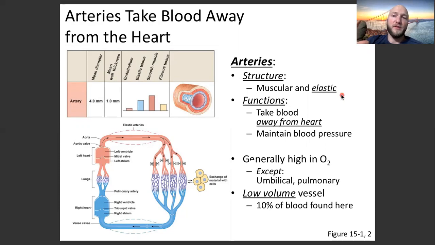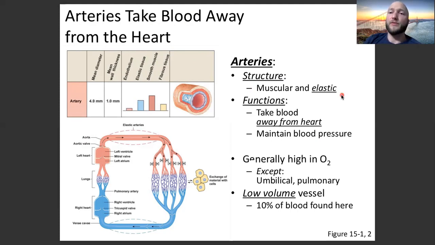When the heart starts to relax, the semilunar valve is going to close, preventing blood from flowing back into the heart. And that expanded balloon, with those elastic properties, is going to slowly squeeze down on that blood and maintain that pressure until the next systole cycle comes from the left ventricle, which pumps it back up again.